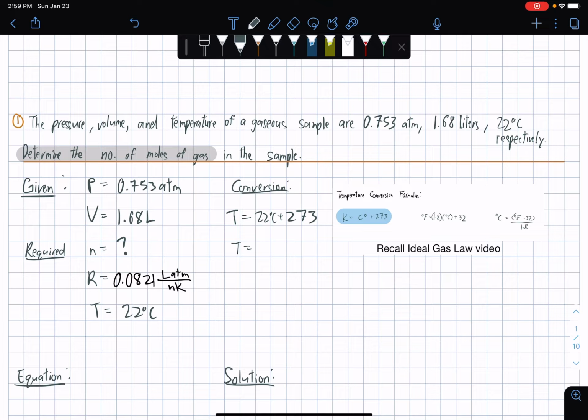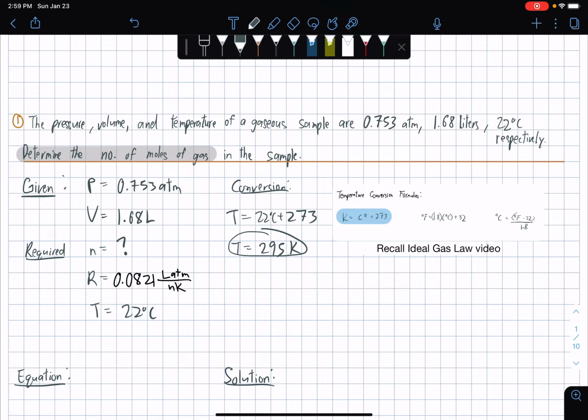But anyways, as for my teacher, he allows a scientific calculator, so we'll be basing on that kind of school of thought. 22 plus 273. I hope you have your scientific calculators with you. Let's solve together. So temperature is 295 Kelvin.